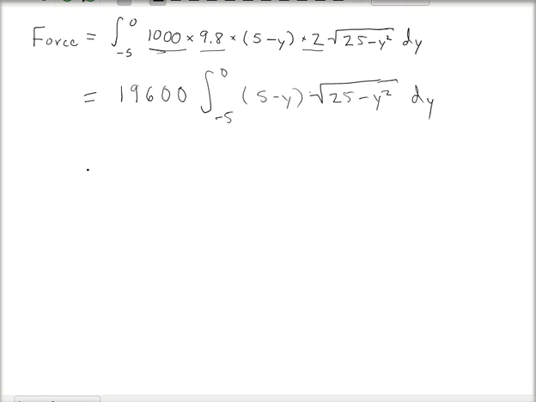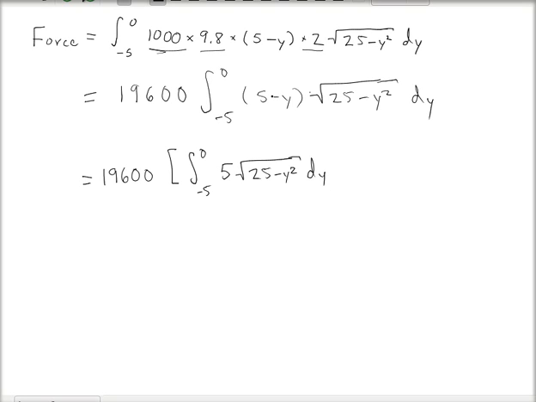Now to evaluate this, I'm going to break it up into 2 separate integrals. I'll keep my constant out front here. For my first integral, I'm going to take this 5 and multiply it by the square root, so I'll have 5 square root 25 minus y squared dy.